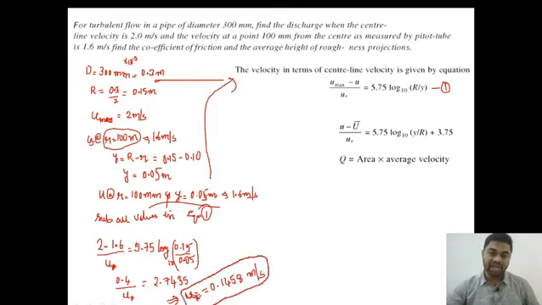The relationship between the velocity at any point and the average velocity is given by equation 2: u minus u bar by u star, where u is the velocity at any point, u bar is the average velocity and u star is the shear velocity, is equal to 5.75 log y by r to the base 10 plus 3.75. We are talking here about equation 2.